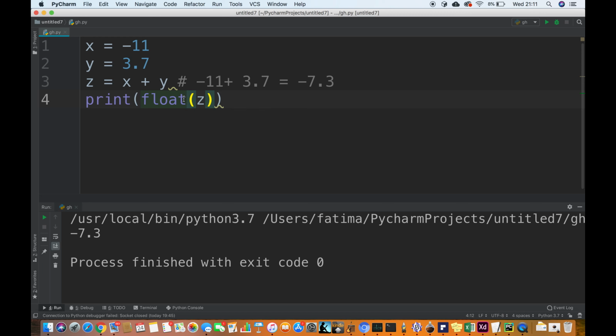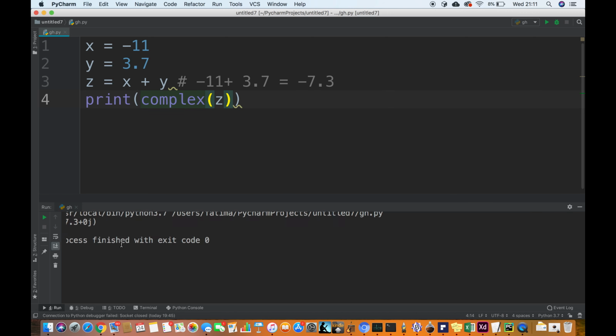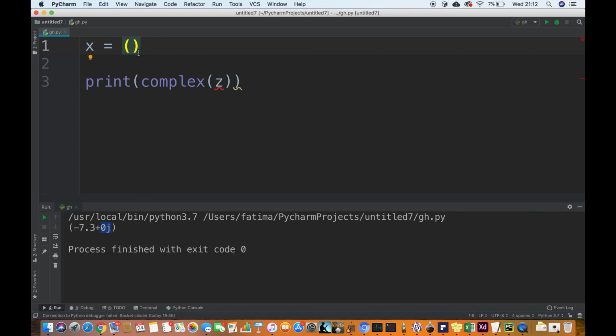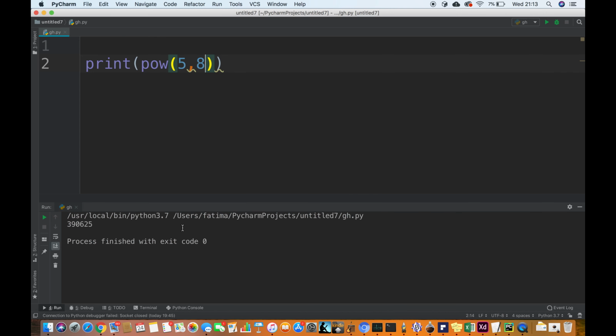And if I write down complex, it will give me the right answer, which is minus 7.3, plus it will include an imaginary number, but we just have one number, so it will just add 0j. If we had two numbers, then it would include that. So that's the answer we've got.